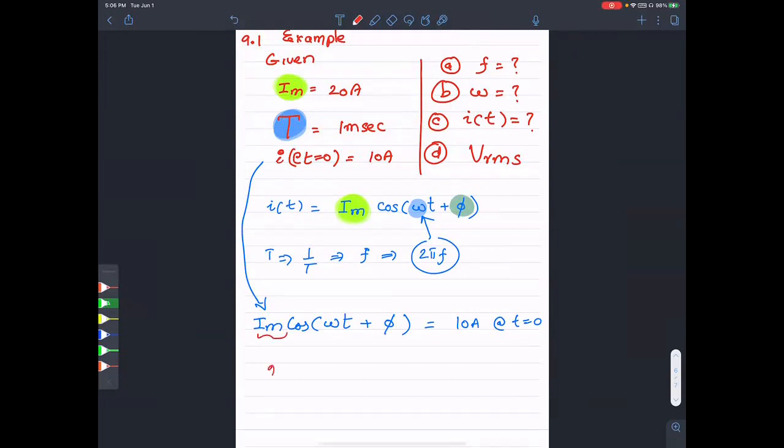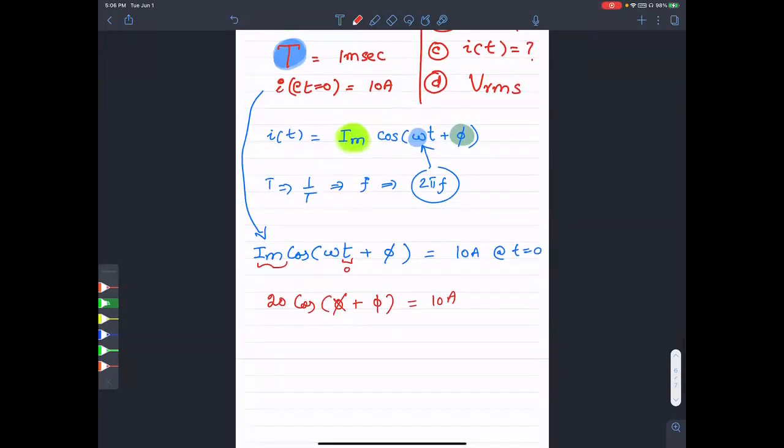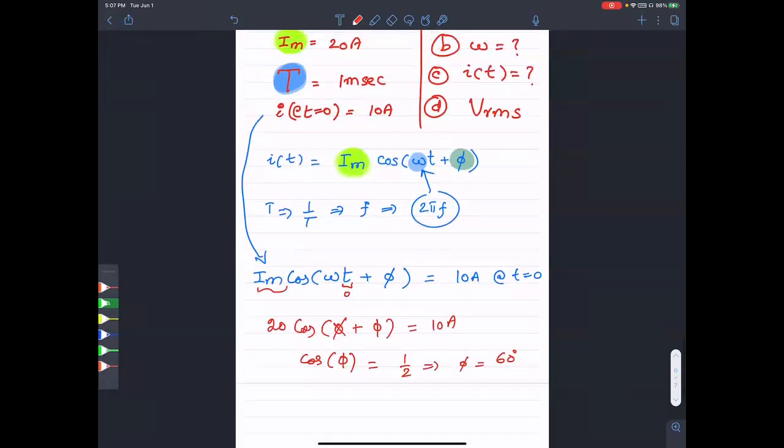So we can plug in 20 here because Im is given to be 20. Cos of omega times t, t is 0, so all of that term goes to 0. Plus phi equals 10 amperes, which gives us that cos phi is equal to 1/2, meaning that phi equals 60 degrees. You can take the cosine inverse. Now you have all the information.